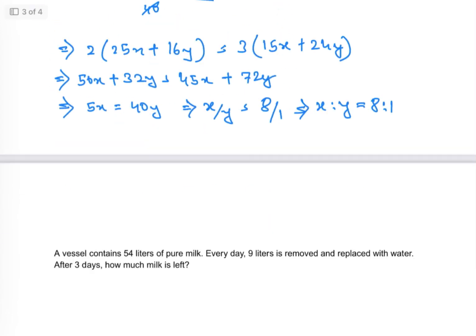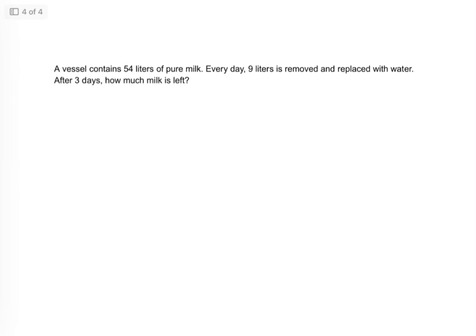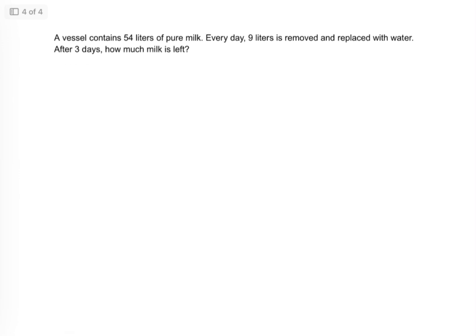Okay, so let's move on to the next problem. It says a vessel contains 54 liters of pure milk. Now every day 9 liters is removed and replaced with water. After 3 days, how much milk is left? Now we can do it with the traditional method. Let's say 54 was there initially.